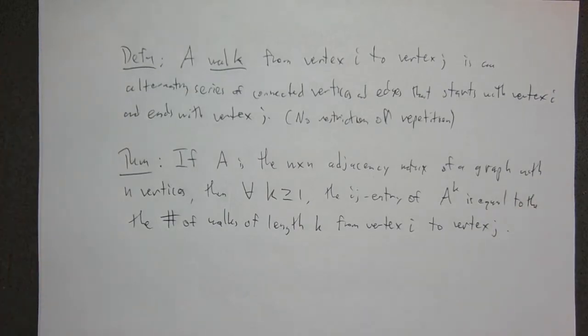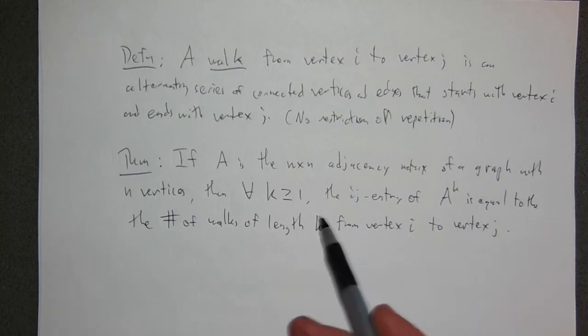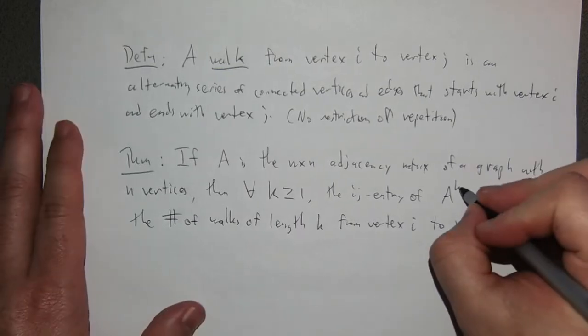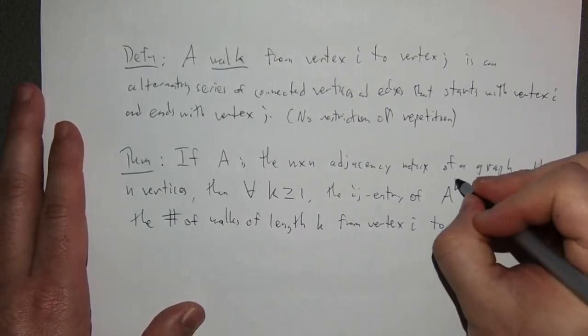So this is me counting the total number of walks of a specified length and saying that that's equal to the ijth entry of this A to the k. And this is kind of what the adjacency matrix is telling you.